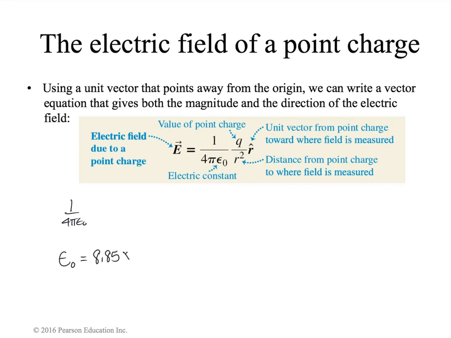This epsilon naught has a value of 8.85 times 10 to the minus 12, but it turns out that 1/4 pi epsilon naught is equal to our K, our Coulomb constant. So this expression could very easily just be expressed as K Q over R squared. Remember, the unit vector R hat means that the field is in the radial direction.